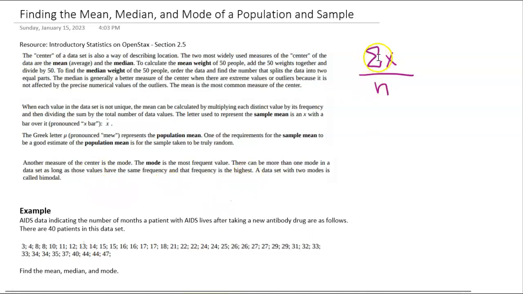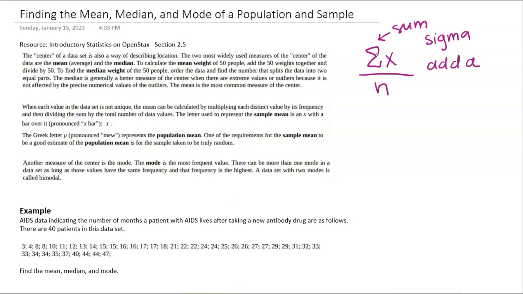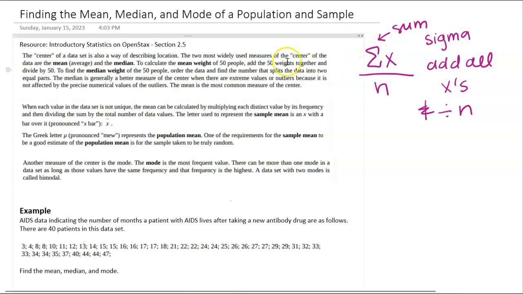What that means is this symbol right here stands for sum. It's a capital sigma. And so this says add up all the x's and then divide by the total number in the data set.